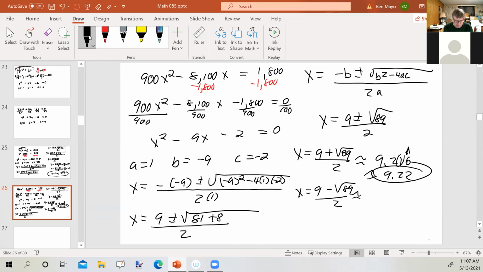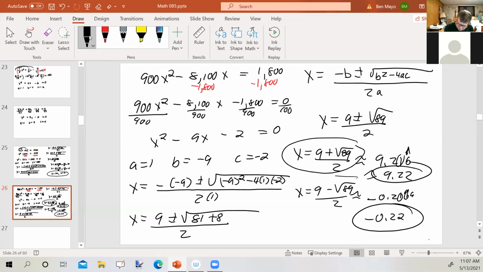Then the second one, parentheses 9 minus the square root of 89, closing up the 89, closing up the whole thing, divided by 2, negative 0.2169. The 6 is going to round up, so negative 0.22. So here are the exact answers and the decimal equivalents.